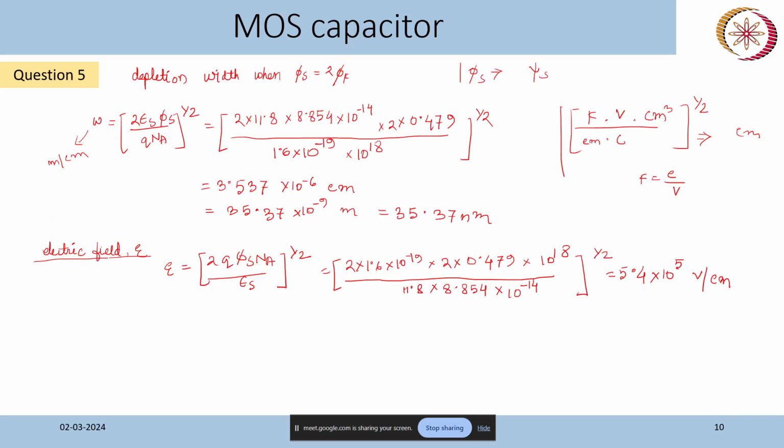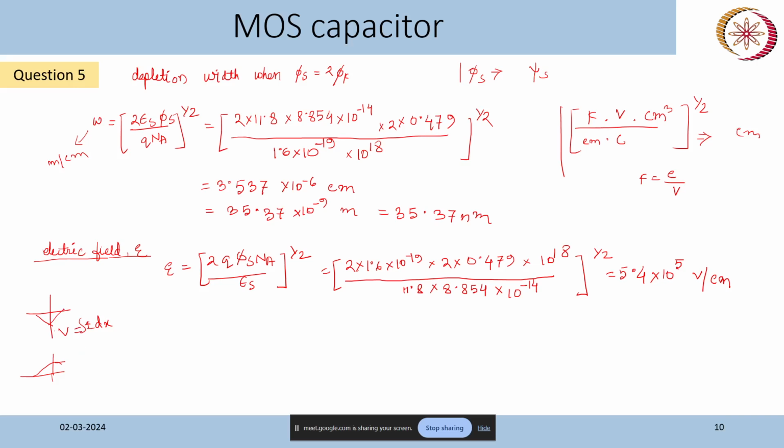Okay, so one more thing, we can calculate the electric field. If you remember, the electric field in the case of a p-n junction, for an abrupt junction, has a shape like this. So how do we calculate the potential? We basically integrate. So potential is the integration of electric field, right?